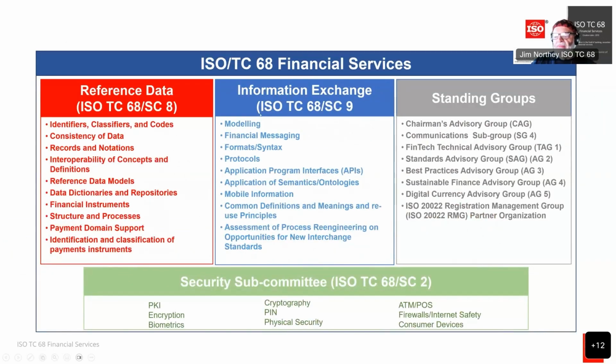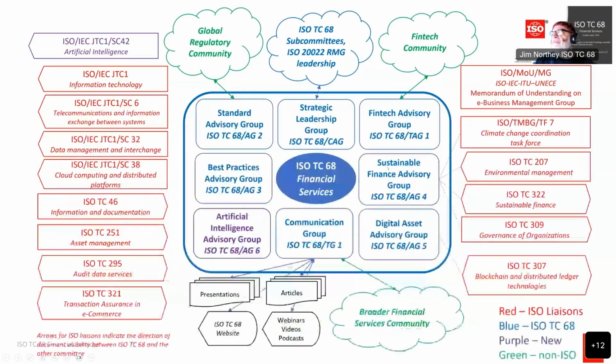I'm going to move through this next slide just to give you an idea of, again, the scope of the system. And I wanted to also show you the need for interoperability here. TC68 operates with a number of committees. The liaison out, you can see the number of liaisons, including SC32, who just spoke.